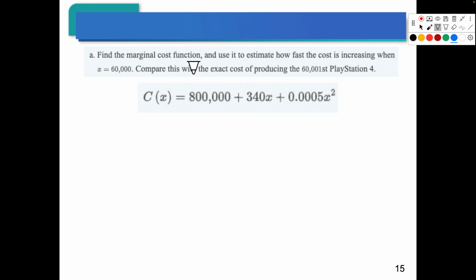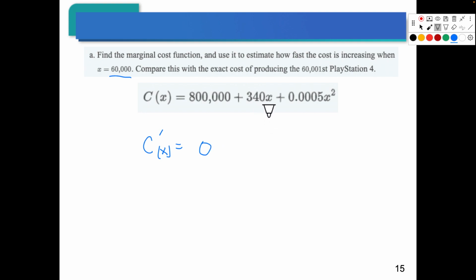Find the marginal cost function and use it to estimate how fast the cost is increasing when x equals 60,000. So we've done one similar. Again, how do we get the cost function? Take the derivative. What's the derivative of 80,000? 0.